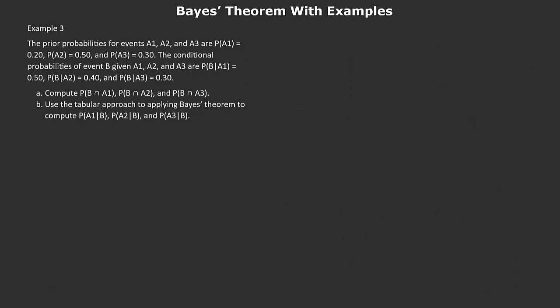Let's look at this third example. In this example, we have the following events. Let's list the events. We have events A1, A2, and A3. Then we have the prior probabilities of these events, and they're as follows: 0.20, 0.50, and 0.30.